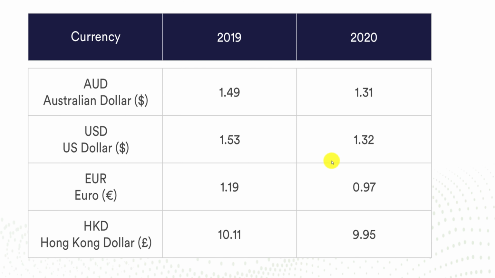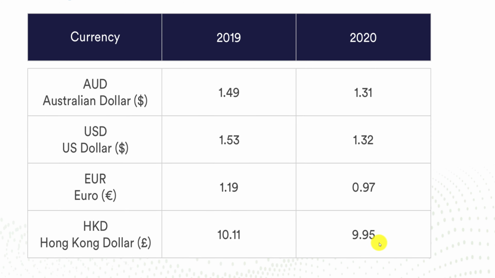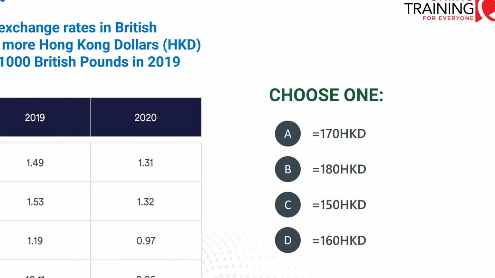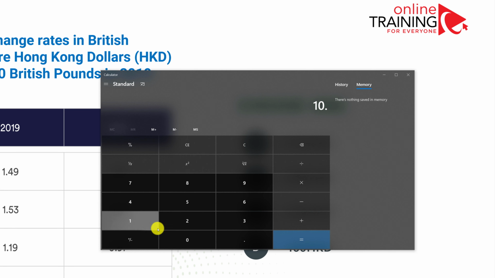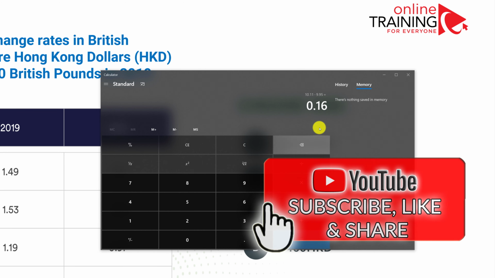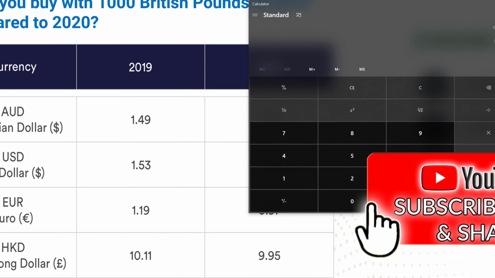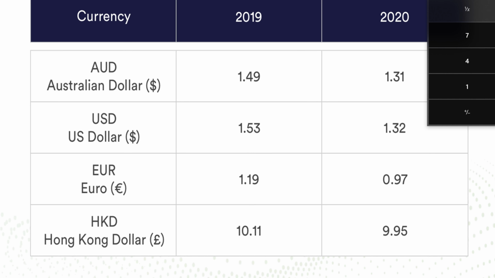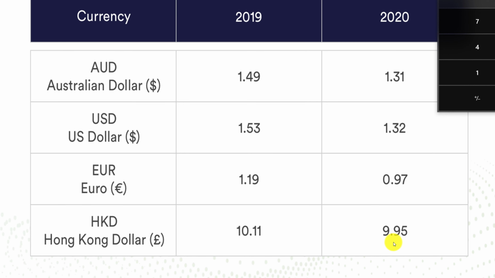The first step to solve this type of problem is that we need to understand the difference between the value of Hong Kong dollars in 2019 and 2020. And for that, we need to subtract 9.95 from 10.11. After we subtract, we get the value of 0.16, which represents the difference between the Hong Kong dollar conversion rates for 2019 and 2020.